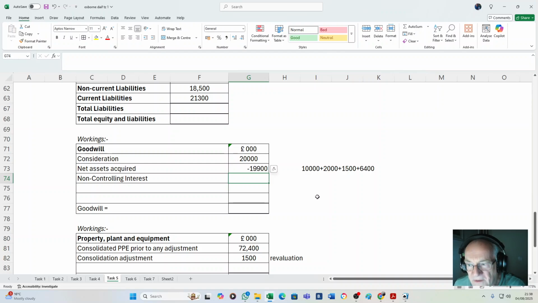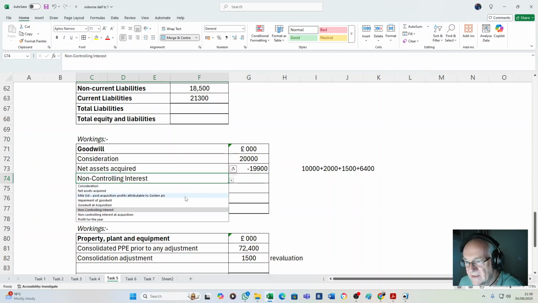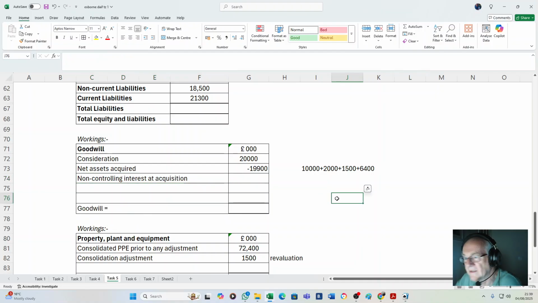And then the non-controlling interest again. Are we dealing here at acquisition? Yes, because. So it may say non-controlling interest, could also say that one, it could give the percentage or something else. So actually it's now just the 20%.